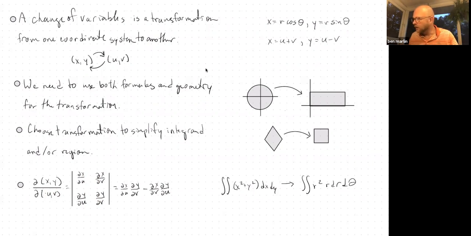So as you're going along here and you change an integral that's in x's and y's into r theta, uv, whatever it is, this little factor here is going to be your partial of xy with respect to, in this case, r theta, okay?